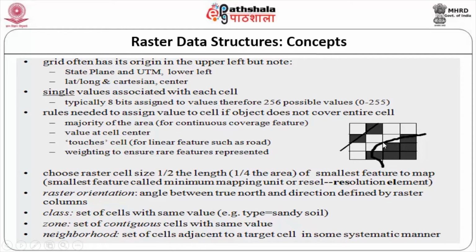From the center, lines are projected onto the surface at 1 degree, 2 degrees, 3 degrees and so on. Hence, in the case of lat long and Cartesian coordinate system, you will have the center as the origin. In most other cases it will be the top left, and in the case of the state planar coordinate system and the UTM, it will be lower left.